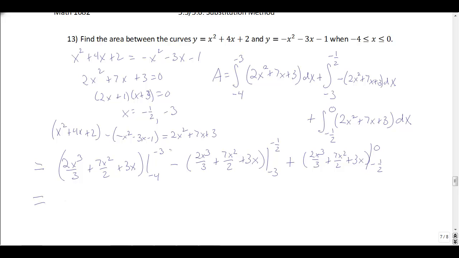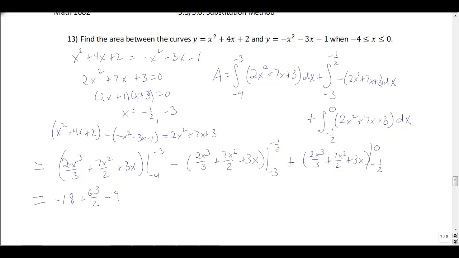Now when I plug in -3 here, I'm going to get -3 cubed. One of the 3's will cancel on the bottom, so that's going to give me 9, but it'll be -9, so I'll get a -18. So you plug in a -3, I'll get a 9 plus 63 halves. Plug in -3, that'll be a -9. When I plug in the -4s, I'll get a -64. 4 cubed is 64.